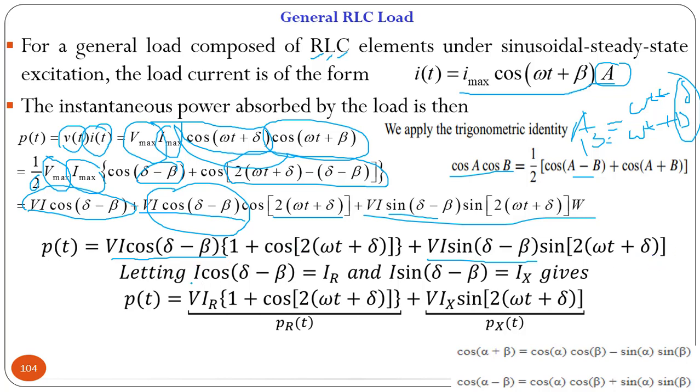Then by letting I cosine of sigma minus beta be the resistive load current I_R, and I sine of sigma minus beta be the reactive load current I_X, this gives p(t) equal to V times I_R times 1 plus cosine of 2 omega t plus sigma, plus V times I_X times sine of 2 omega t plus sigma.